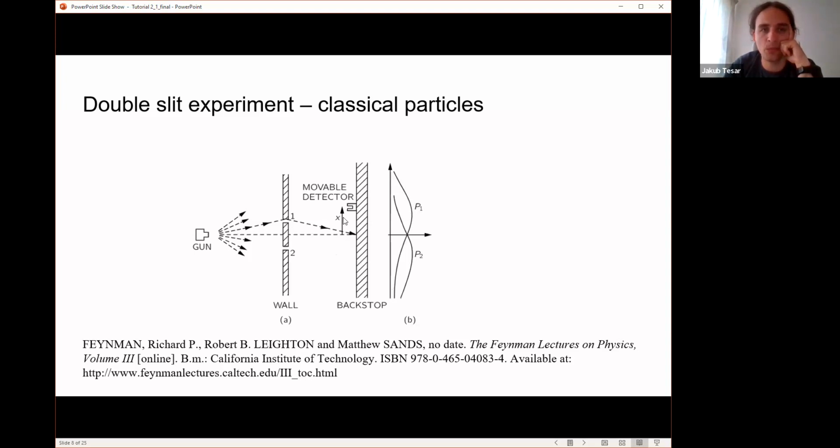The highest probability, the highest intensity, is on the line between the gun and the first slit. It's the maximum, and it goes to minimum on both sides. The same applies to slit 2.